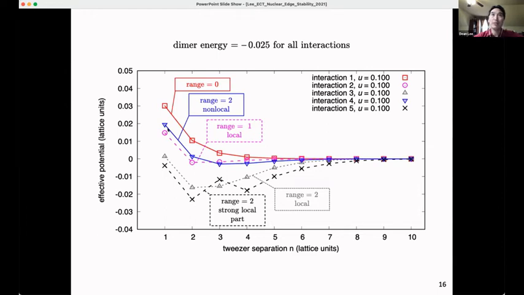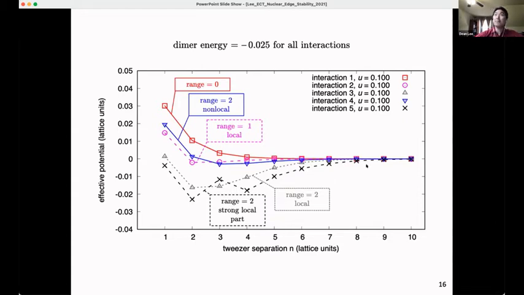So this is a non-local interaction with range 2, but we lose that attraction. But if we make the range 2 and make it non-local, but make the local part strong, we actually can get this attraction. In fact, we can get even more if we make this even stronger. This interaction has a repulsive non-local piece and a stronger local part, and you can see the tail is even stronger here.